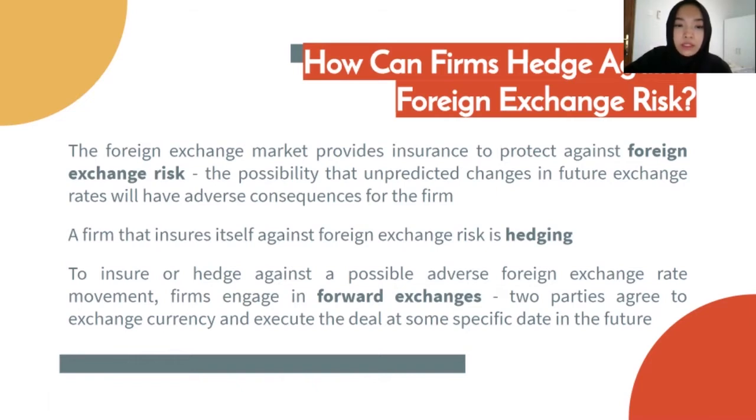A firm that insures itself against foreign exchange risk is hedging. The insurance, or hedge, is against a possible adverse foreign exchange rate movement. Firms engage in a forward exchange, which means two parties agree to exchange currency and execute the deal at some specific date in the future.